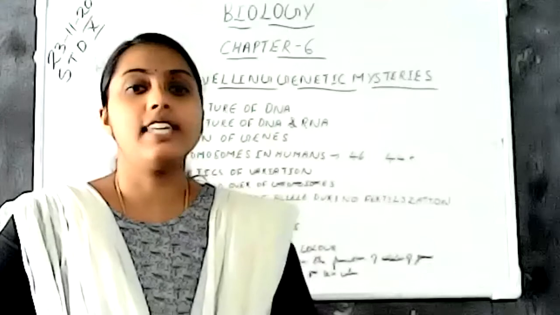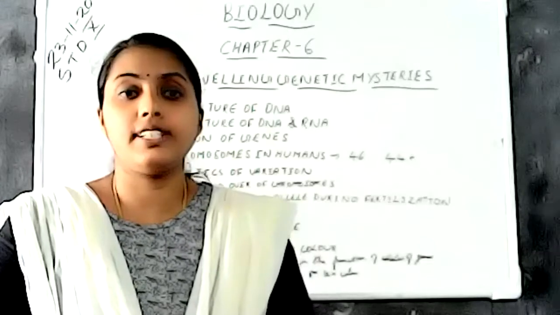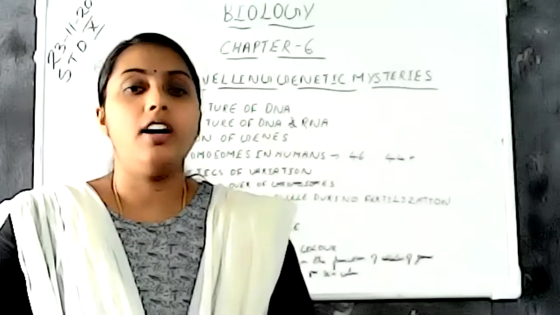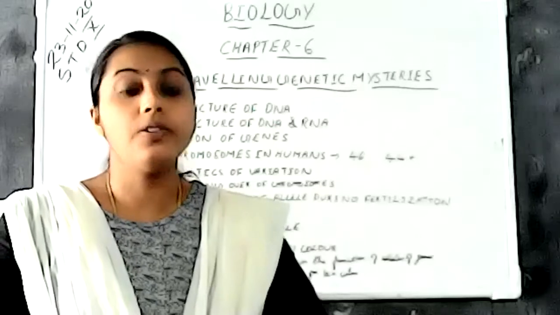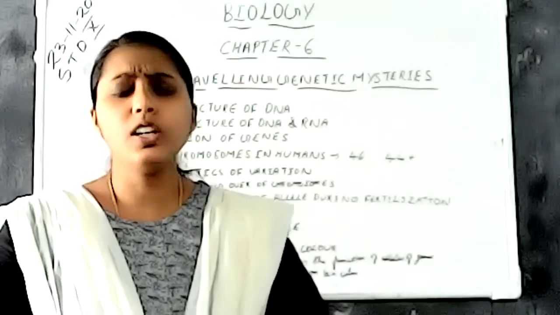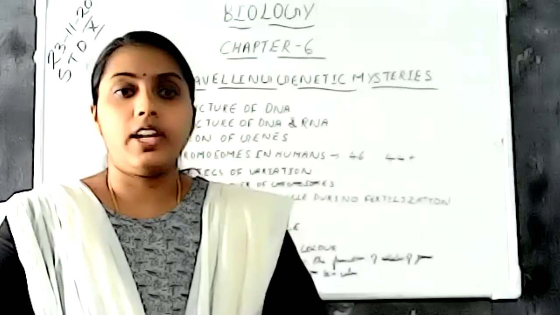Later, other scientists studied it and found out that genes are the factors responsible for the expression or transfer of these characters from parent to offspring. So we have to know where these genes are located.